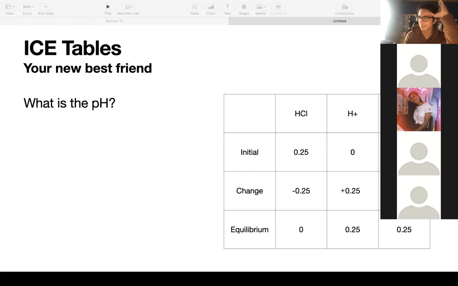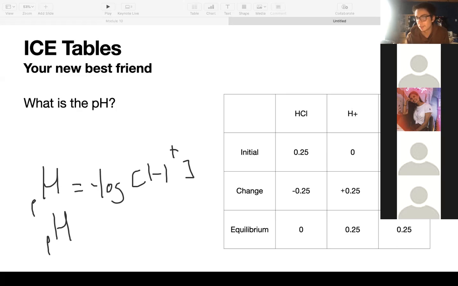So knowing this, what is our pH? Remember that pH is equal to negative log concentration H plus. So what is our pH in this example?